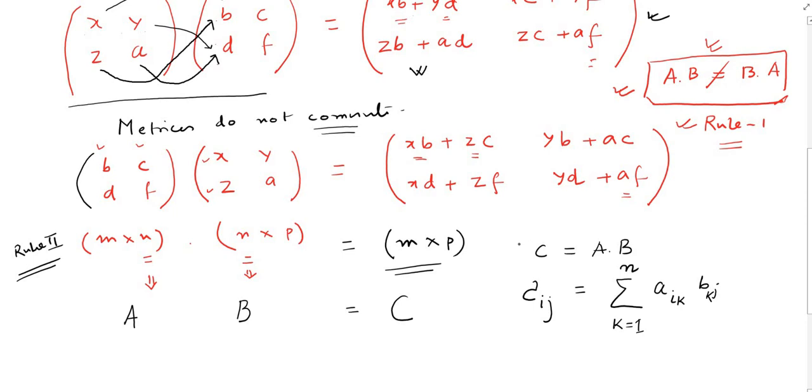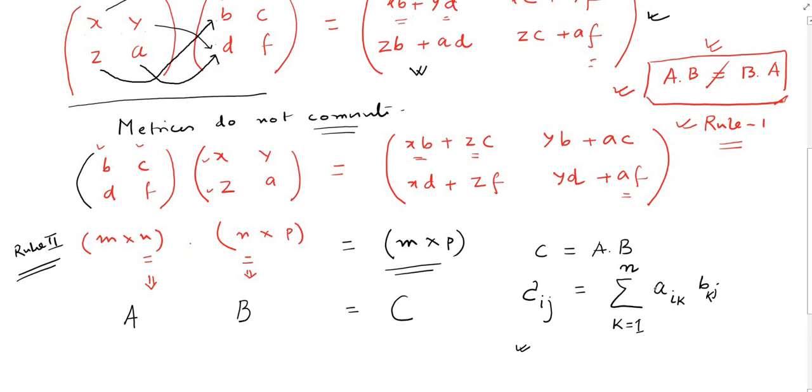So this is the general formula to get any element, because if it is a very large matrix, then you need this kind of formula, which you have to implement in code to find the resulting matrix. So this is the general formula. This is the small c, element i j, with the summation.